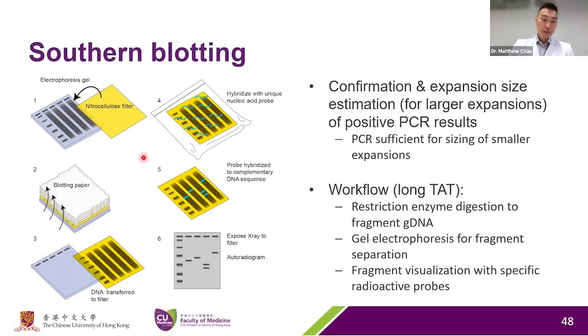And after that, we can use radioactive X-ray to expose it to a film. And with that, we can then tell the size of the different fragments. The limitation of Southern blotting is that it has a very long TAT, approximately 1 week. It also requires radioactive use as well.